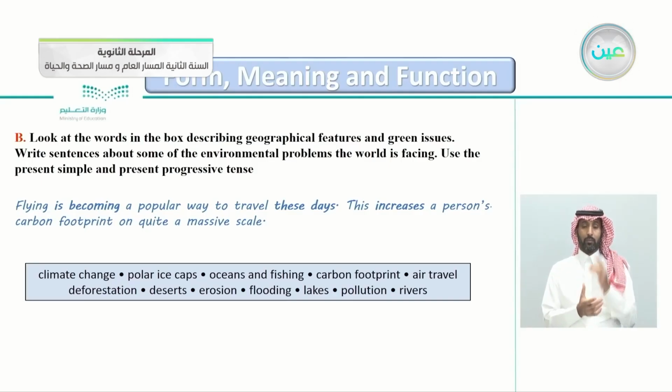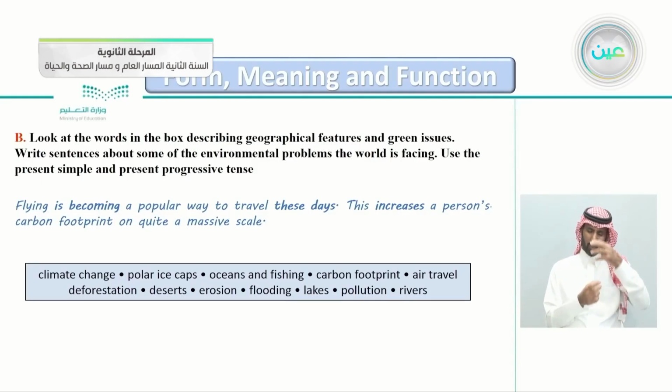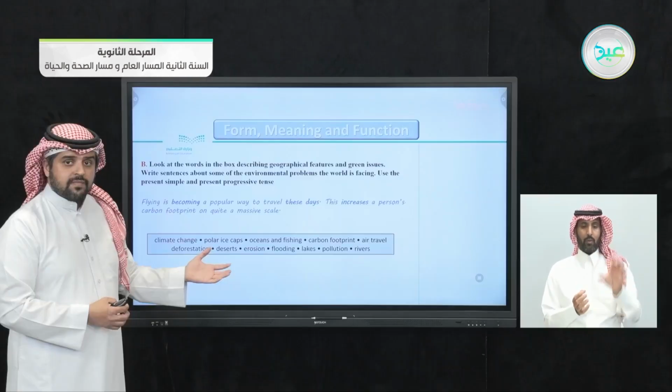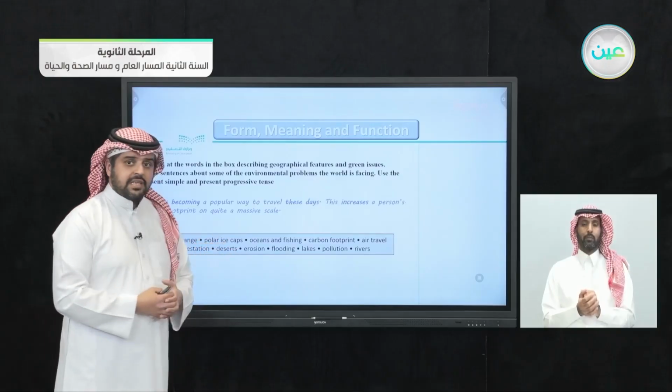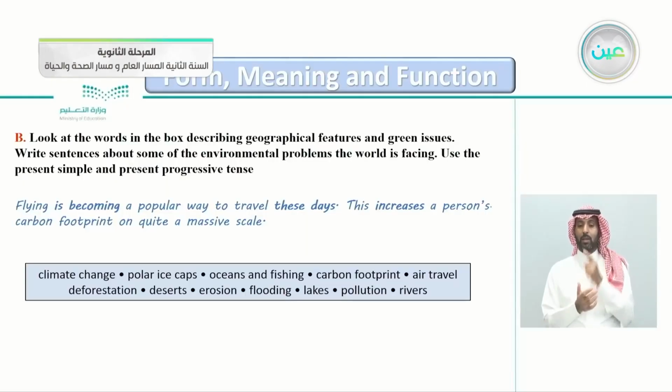So you can use some of these words: climate change, polar ice caps, oceans and fishing, carbon footprint, air travel, deforestation, deserts, erosion, flooding, lakes, pollution, rivers, and so on. So you can use any of these words to write maybe 1 or 2 lines describing geographical features or green issues.